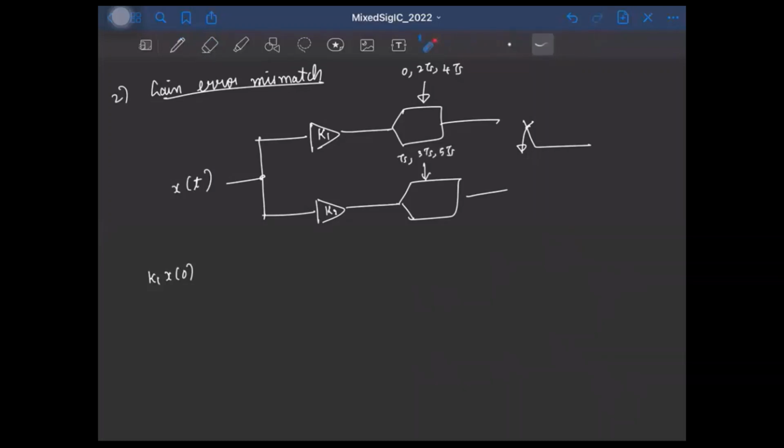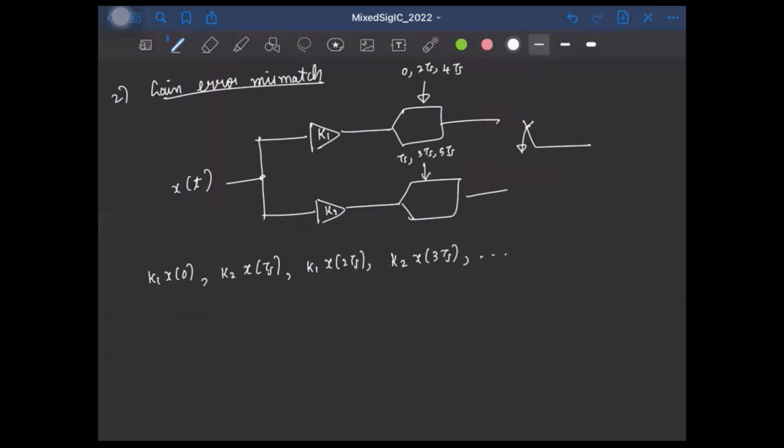The first sample will be from the first ADC. That will be k1 x of 0. The second sample will be from this ADC. That is k2 times x of Ts. Again, the next sample will be from the first ADC. That will be k1 times x of 2Ts. This will be k2 times x of 3Ts and so on.